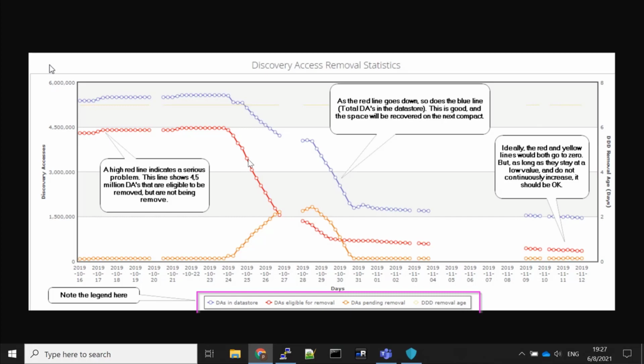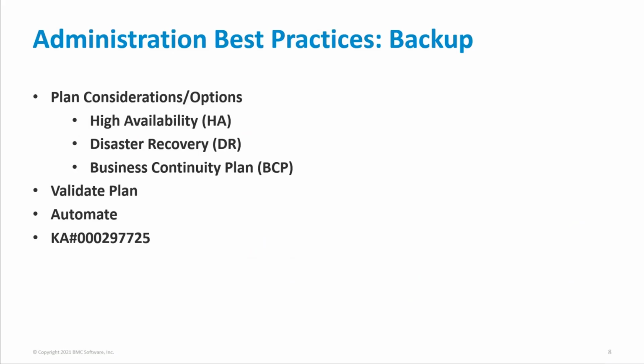That's normal. When Discovery starts deleting things, the number of things eligible for removal decreases and the DAs pending removal increase. So that's what I wanted to show you regarding the DDD removal statistics, and that's the end of the demo. Let's review now the next best practice, backup.